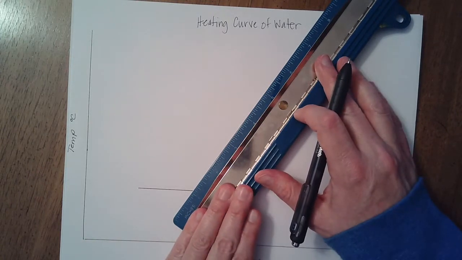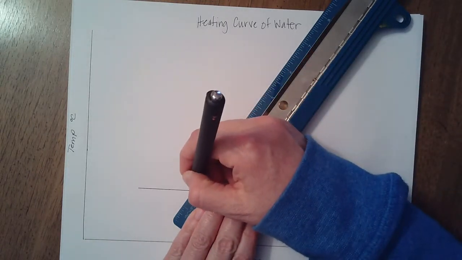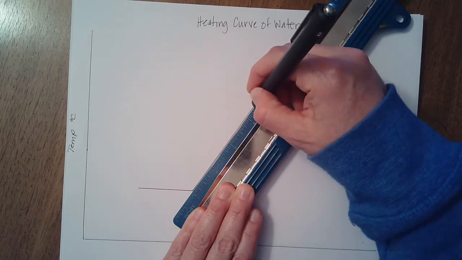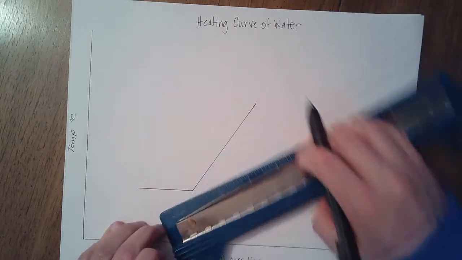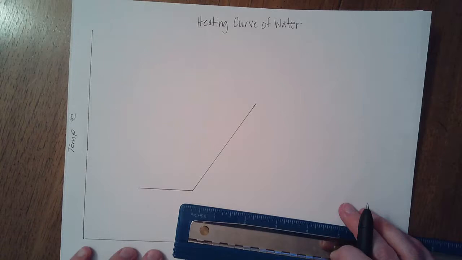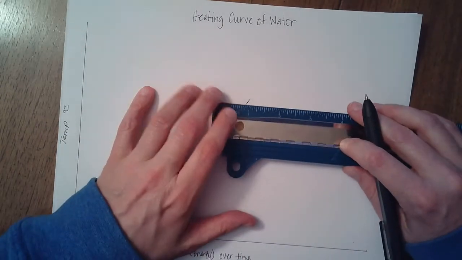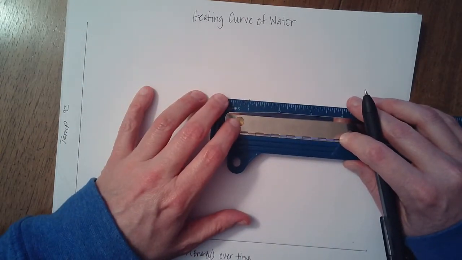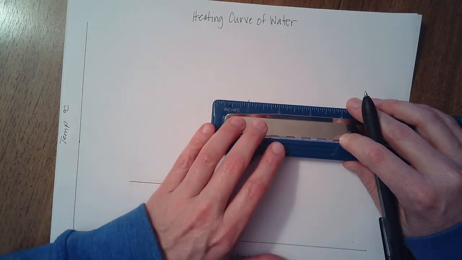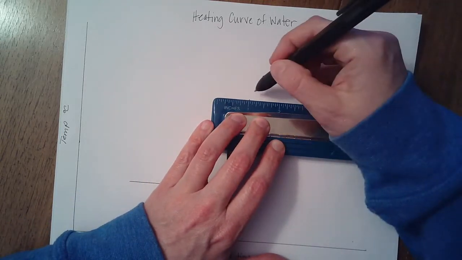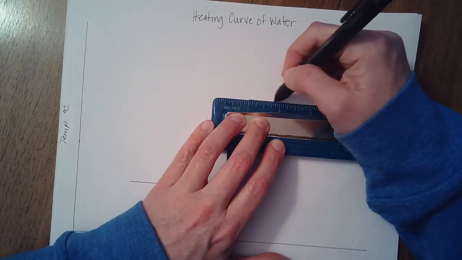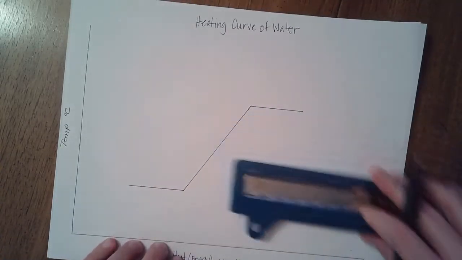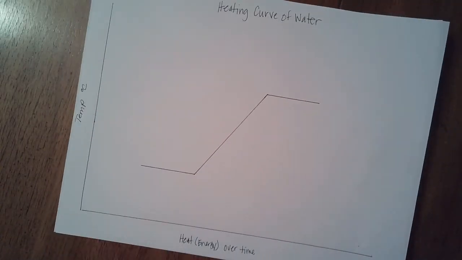And then, after all of our ice was melted, you probably noticed that the temperature started rising until we got to another point where it stopped rising and it plateaued again. And so we had something like this in lab.